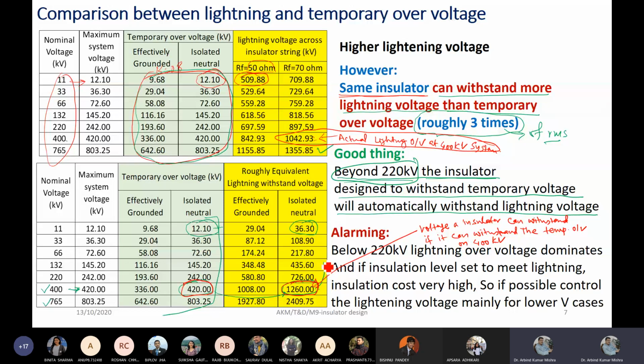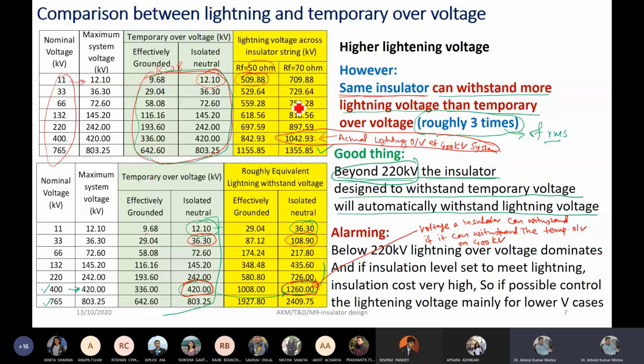So as you can see, lower is the voltage. Now say just for the 33 kV case, the maximum temporary over voltage is 36.3 kV. So an insulator which is capable to withstand only 36.3 kV can withstand only 109 kilovolt of equivalent lightning over voltage.